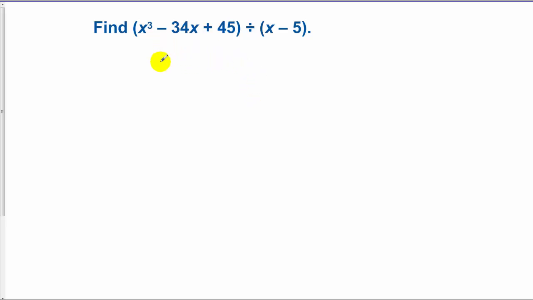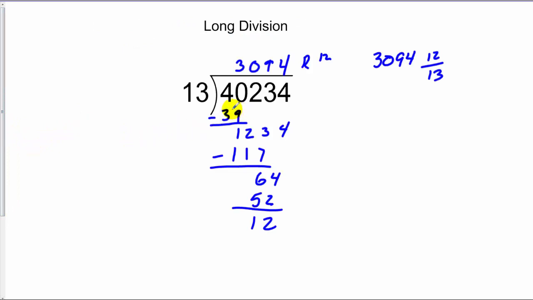You'll see in this case, and one of the things to notice before you even write the problem out, is take a look at your polynomial. And this polynomial goes from an x cubed to an x to the first term. If we go back to our 4th grade example, we notice that this went from a 10,000, and notice we had 0 in the thousands place, but only 2 in the hundreds place.